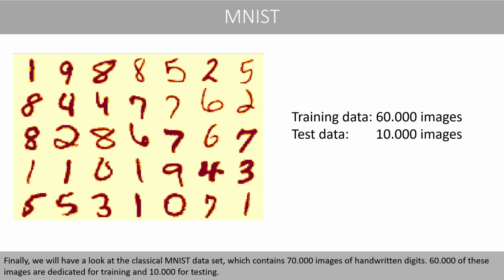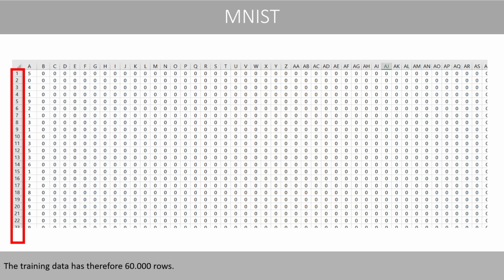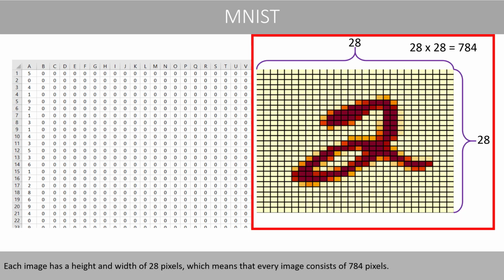Finally, we'll have a look at the classical MNIST dataset, which contains 70,000 images of handwritten digits. 60,000 of these images are dedicated for training and 10,000 for testing. Every row in this dataset contains data for each image. The training data has therefore 60,000 rows.